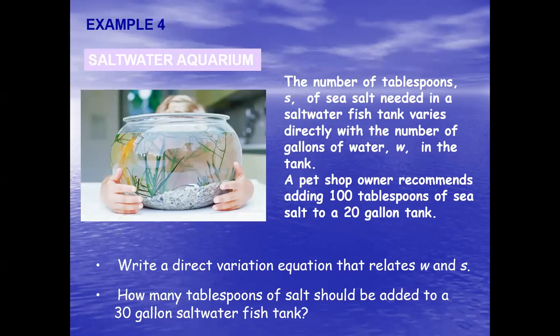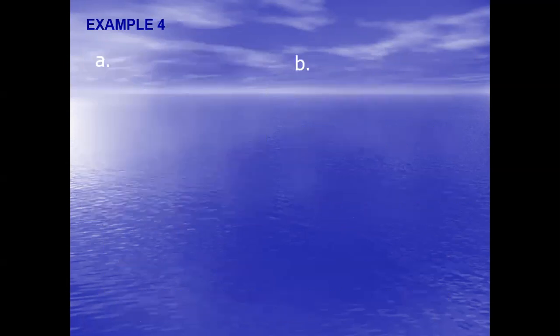Here we have a relationship between two requirements. Let's represent tablespoons with S and the water with W. So S equals MW, like y equals mx. Okay, but S here was 100 and W was 20.